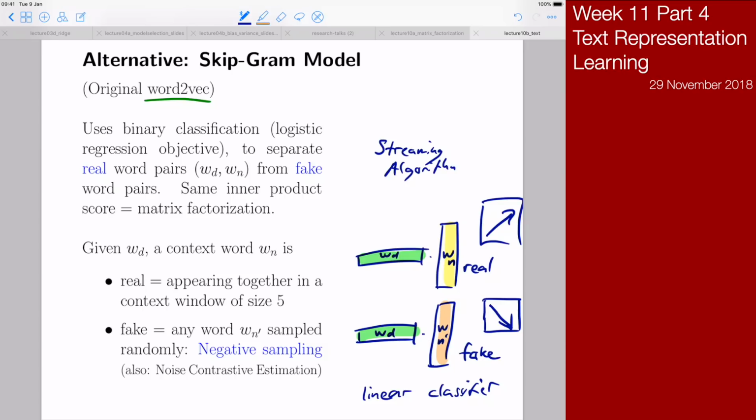I'm not going into details, we don't have time, and there's a lot of engineering sometimes to make these things work, but you can also do this on a video. You can train the same idea on frames of the video to see what really is the next frame. Is it a real next frame, or is it just a random image from anywhere two hours earlier?